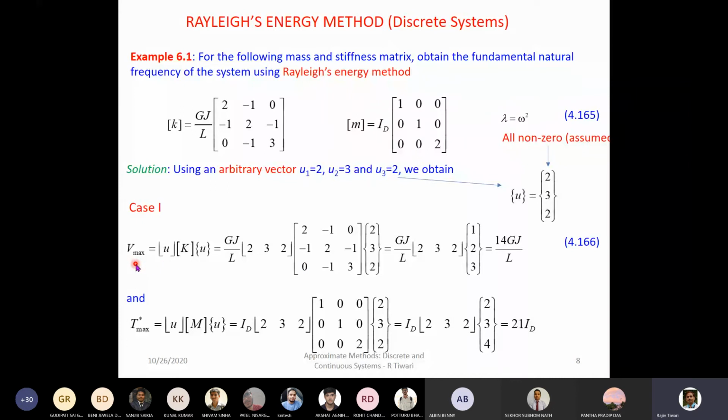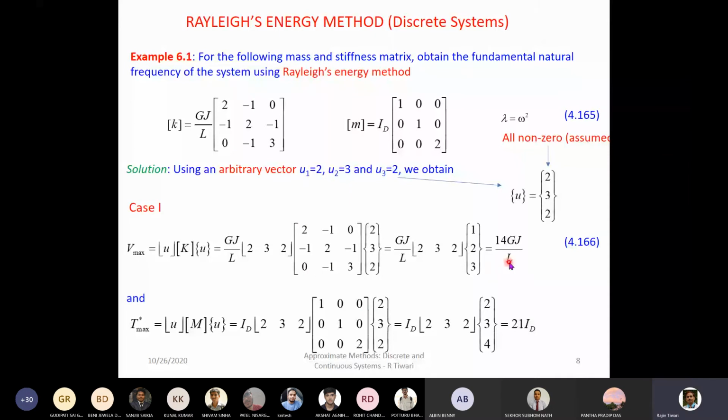Now we need to obtain the Vmax. Vmax is the stiffness matrix multiplied by this column vector and this row vector of the same thing. So you can see the row vector is 2, 3, 2, and this is the column, and this is the stiffness matrix which is given to us. Now if we multiply this step by step, we'll get 14 GJ by L. Vmax is this much.